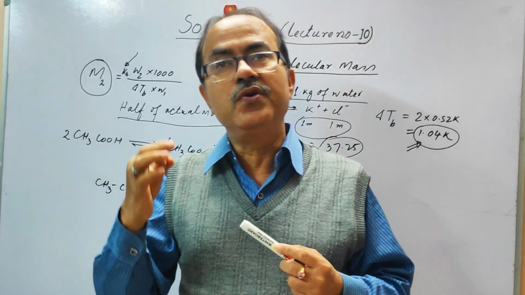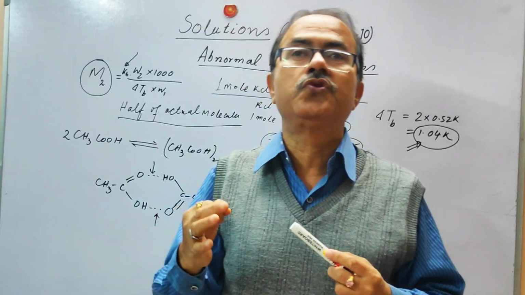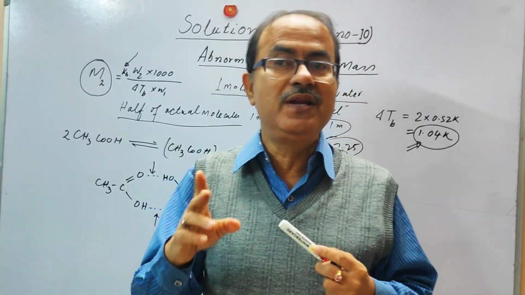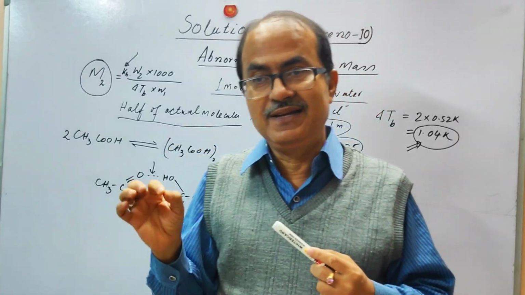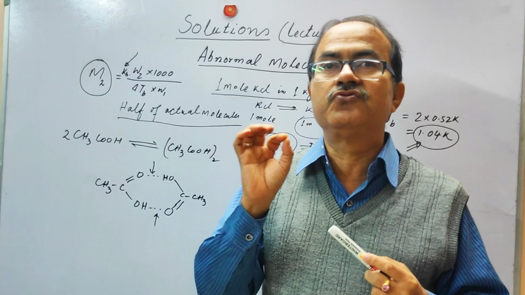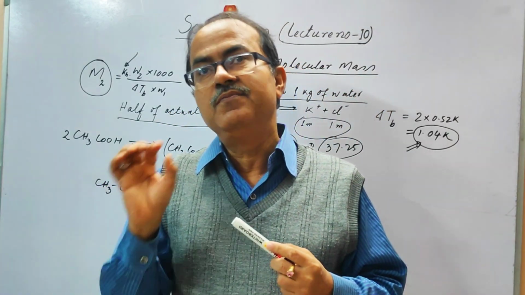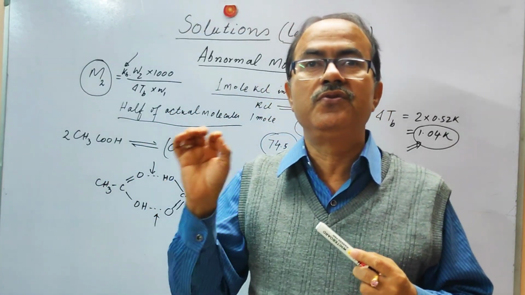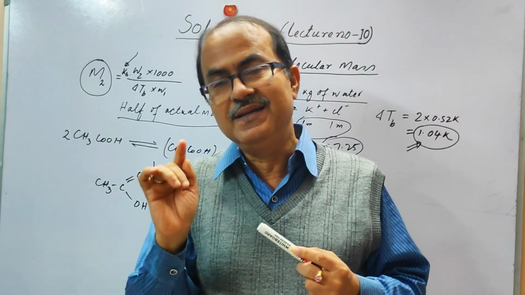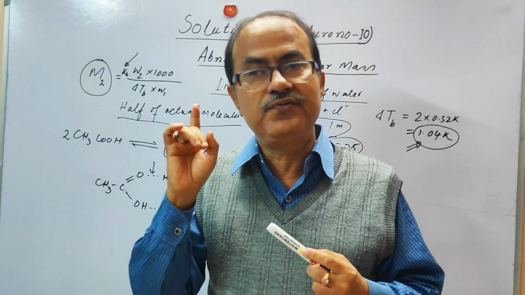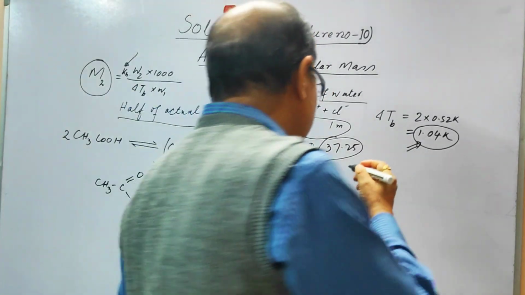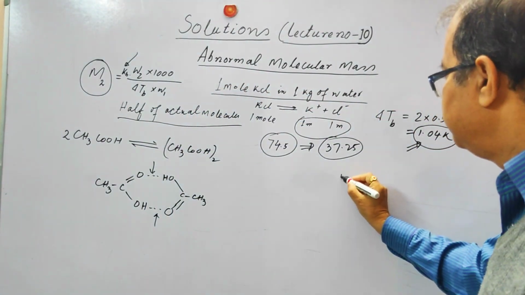So for those solutes, we will not be able to calculate the molar mass directly. To account for association and dissociation, or we can say the degree of association or degree of dissociation, Van't Hoff proposed one factor, which is called the Van't Hoff factor, in the year 1880.